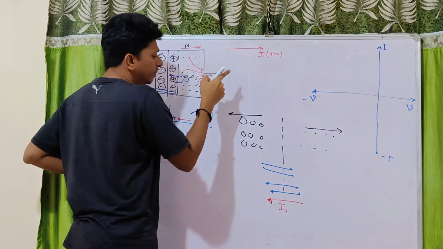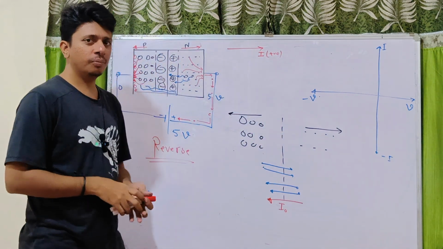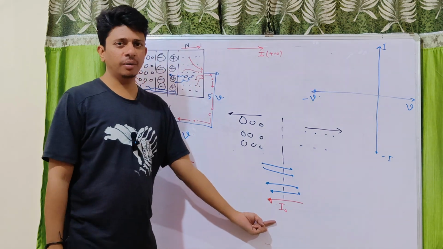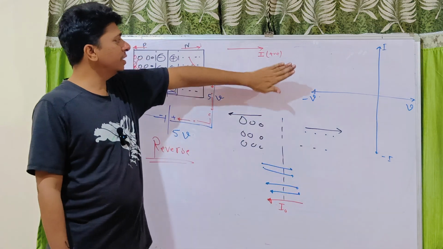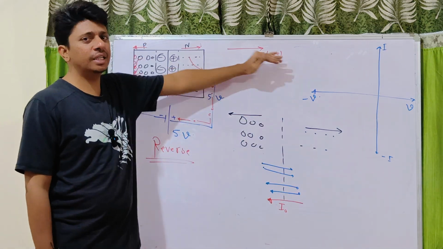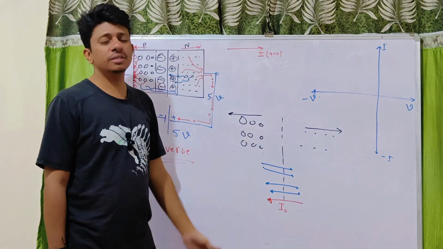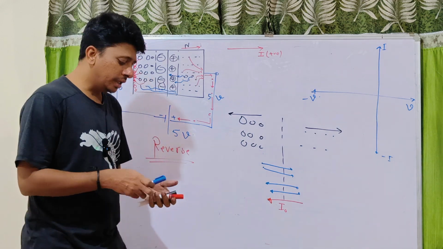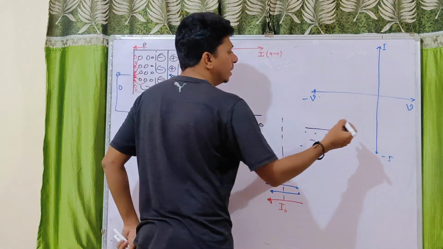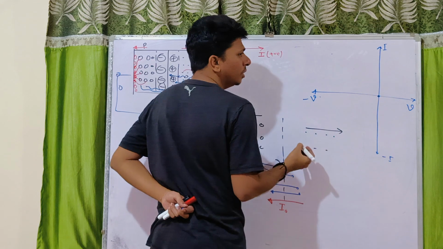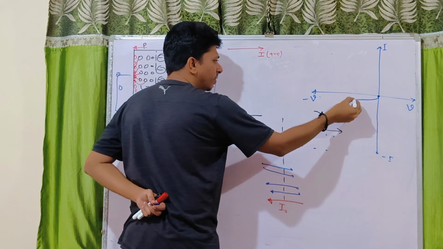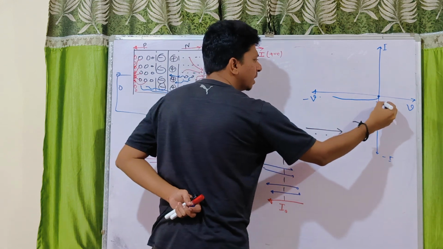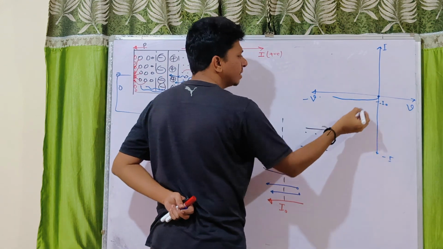But what is the direction of I naught? The I naught direction is this direction. So if we have assumed I as positive in this direction, this current is negative. Ideally the current is zero at 0 volt, but when we apply some voltage, definitely some current will flow, and this value is minus I naught.